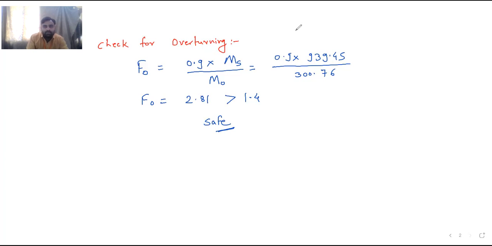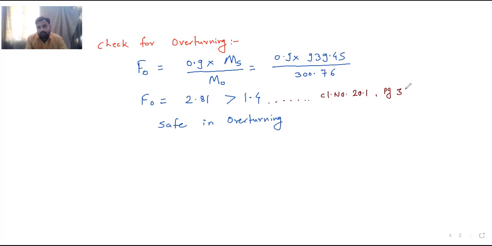So this is safe in overturning. And this comes from clause number 20.1, page number 33, IS 456:2000.